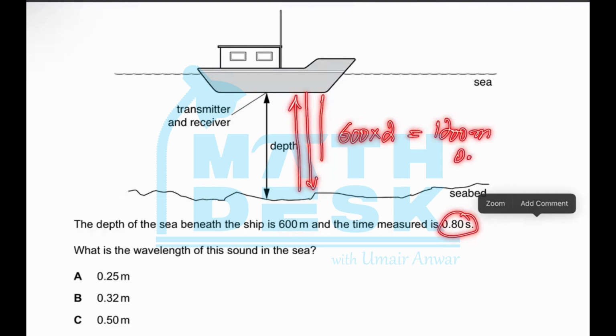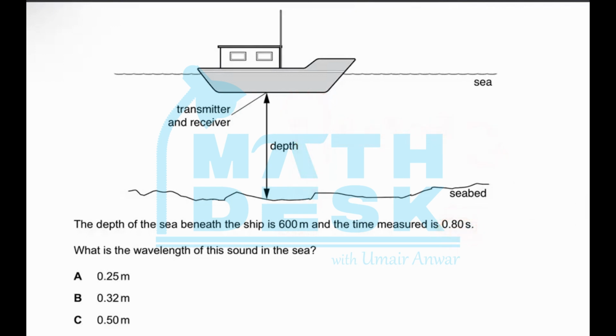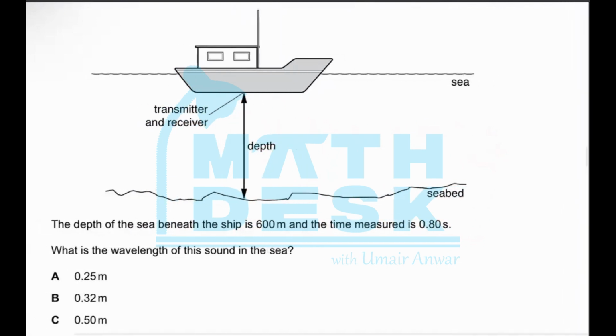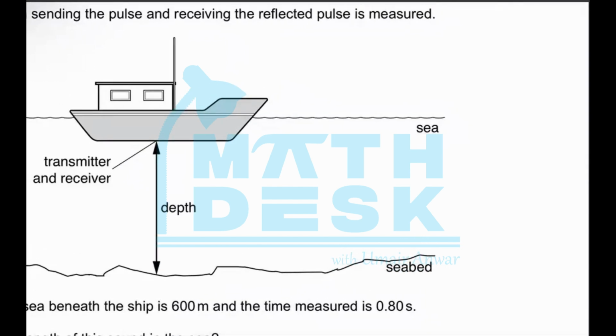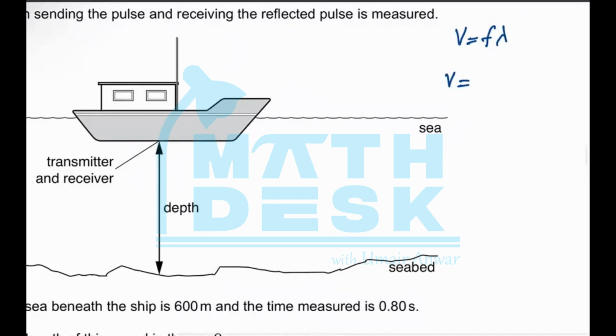What is the wavelength of this sound in the sea? In order to find the wavelength, we would be using the formula v = fλ. We know the frequency of the sound, but we do not have the value of the speed of the sound. So to find the speed, we use the relation that speed is equal to distance upon time.